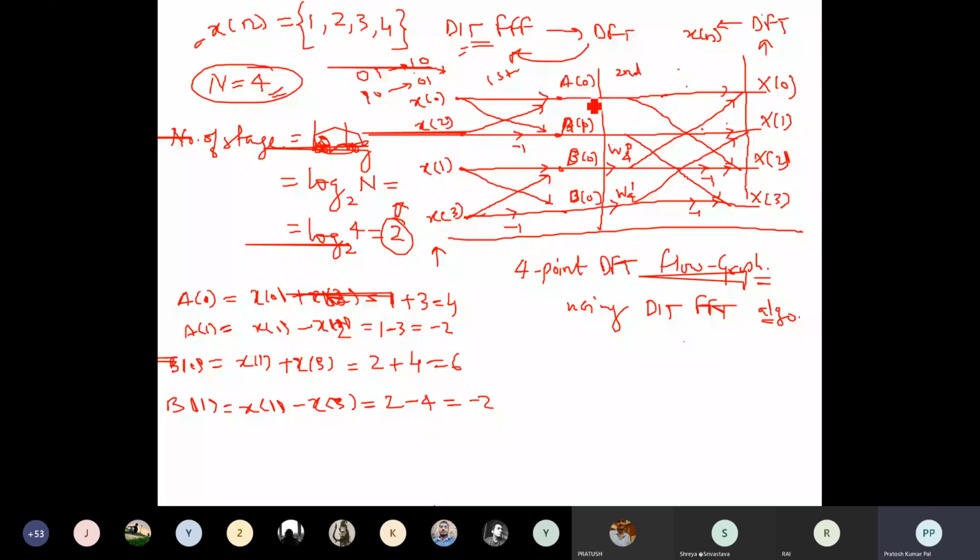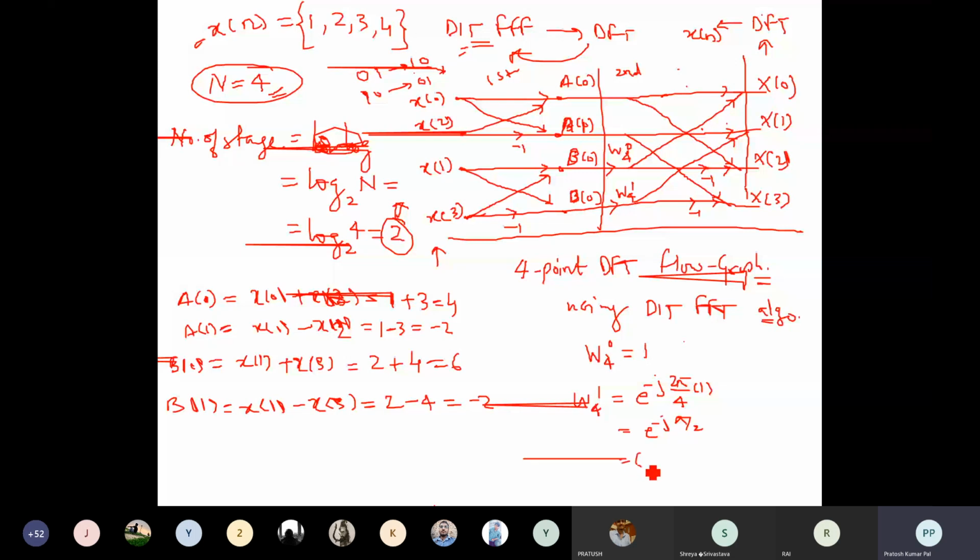Once we have got the first stage values, we need to find out w4 to the power 0 and w4 to the power 1 first. So w4 to the power 0 will always be 1, and then we need to find out w4 to the power 1. This w4 to the power 1 will be given by e to the power minus j 2 pi by n. So n is here 4, so it is e to the power minus j pi by 2.